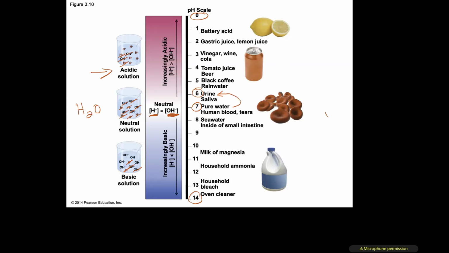So urine is 10 times more acidic than pure water. Look at black coffee. Black coffee has a pH of 5. So black coffee is 10 times more acidic than urine. Black coffee versus water, 10 times 10, so black coffee is 100 times more acidic than pure water. Look at tomato juice and beer. There's another 10 times.